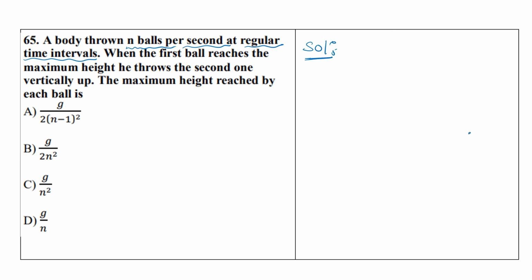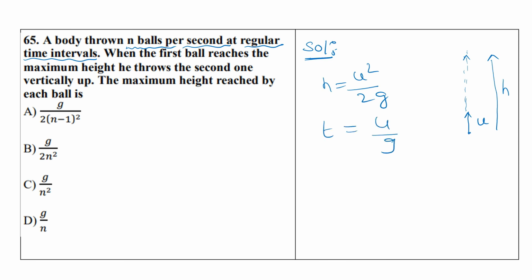Suppose he throws vertically upwards with velocity u and it reaches the maximum height. Consider this height as h. So then h is equal to u square by 2g. So the time taken t is equal to u by g.